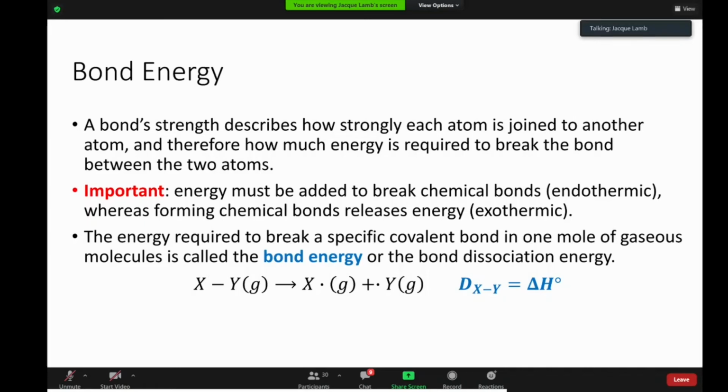You always have to put in energy to separate two atoms. That means that putting in energy is always an endothermic process. When a bond forms, you always release energy. So forming a bond is always exothermic. Breaking a bond is always endothermic.